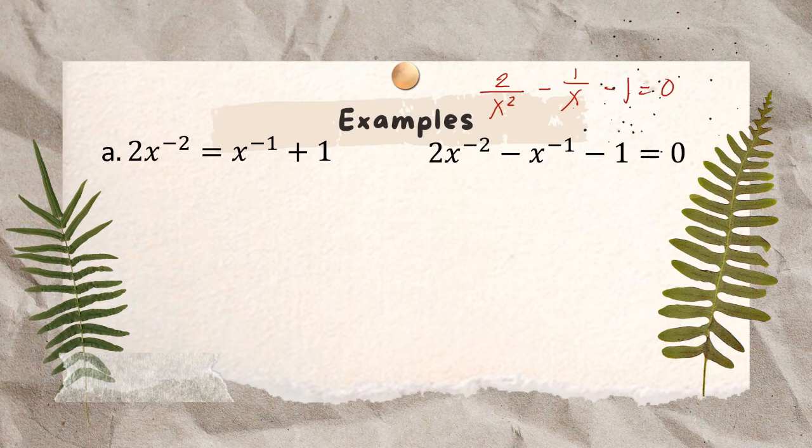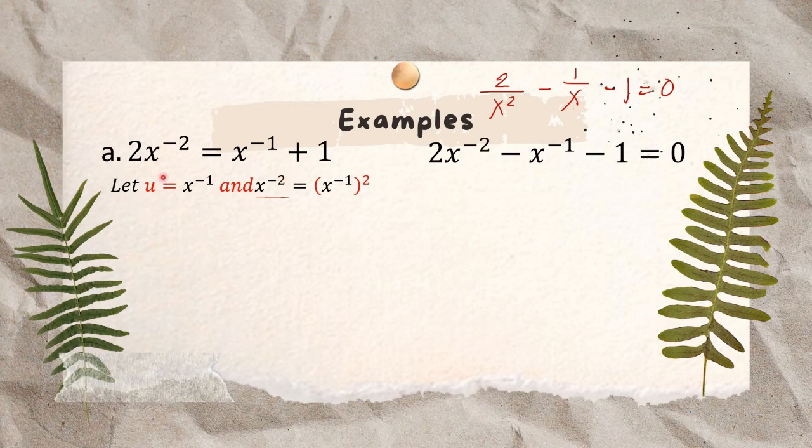In this form, you can use the given steps earlier. But in this presentation, I used the way on how to solve for x by rewriting this equation in quadratic form, au squared plus bu plus c is equal to 0. I let u equal x raised to negative 1, since x raised to negative 2 is equal to the quantity x raised to negative 1 raised to 2, since negative 1 times 2 is equal to negative 2.